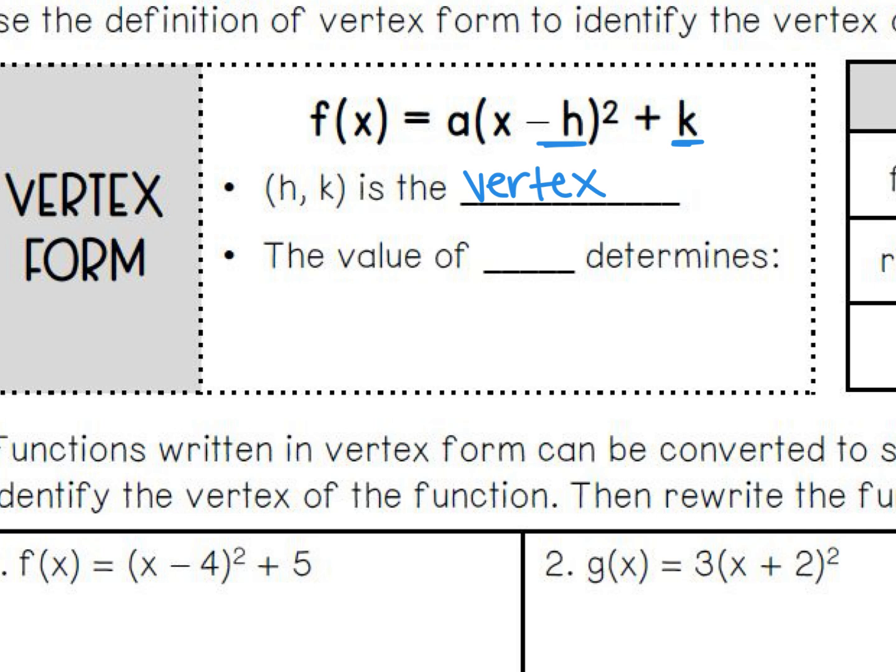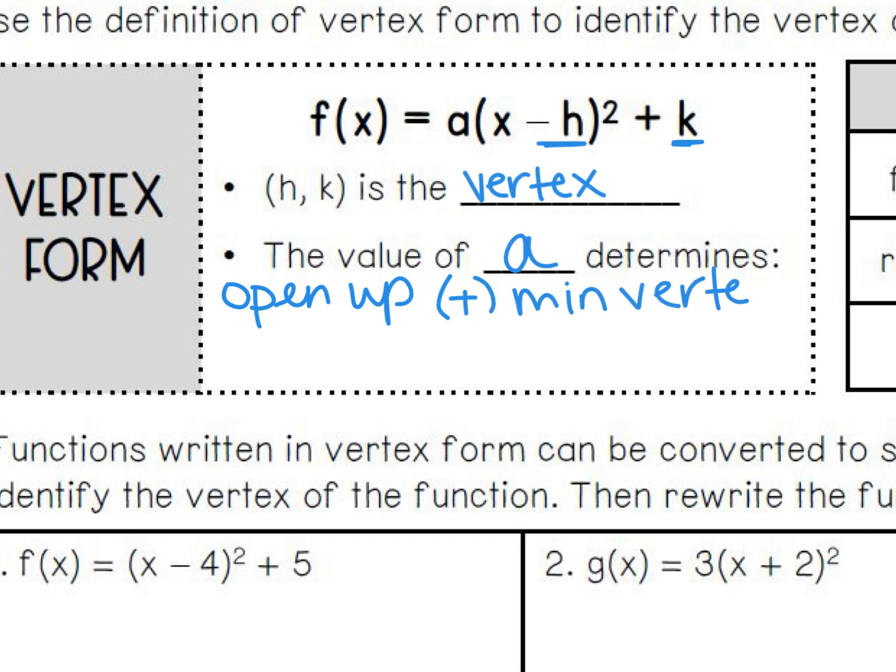Do remember that insiders lie, like you said a minute ago. So if it's a minus H, which is really a positive, if it's a positive H, it's really going to the left. All right, and then our A is going to determine if we open up, which is a positive, meaning that we have a min value, a min vertex, or if it opens down, which means that A is negative, and we have a max vertex.